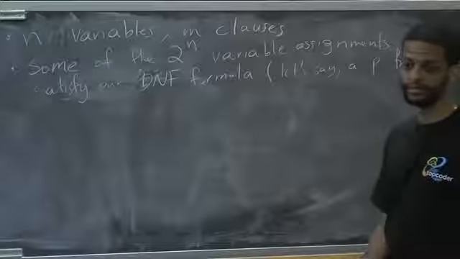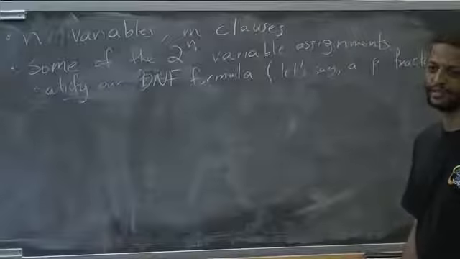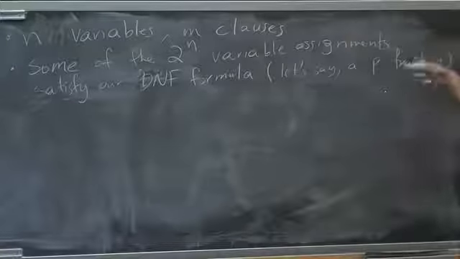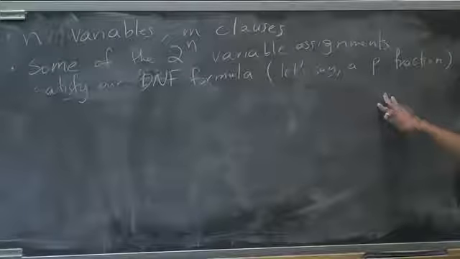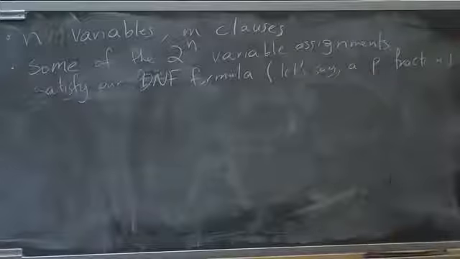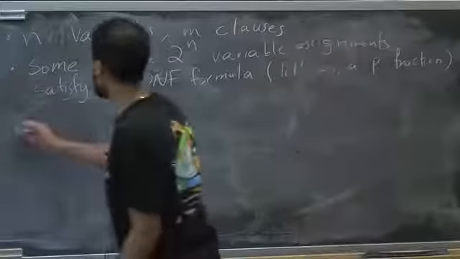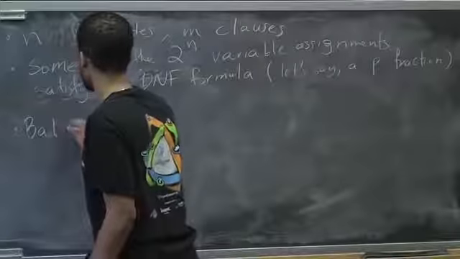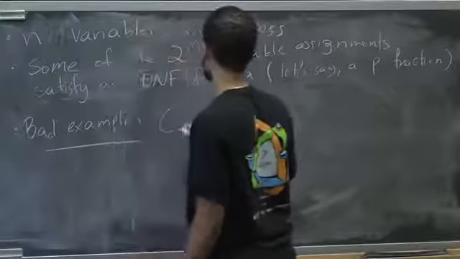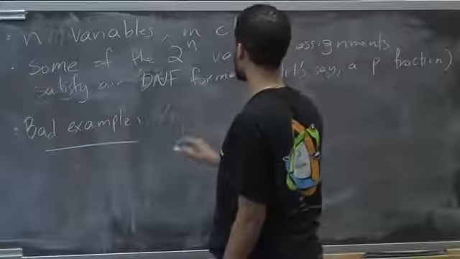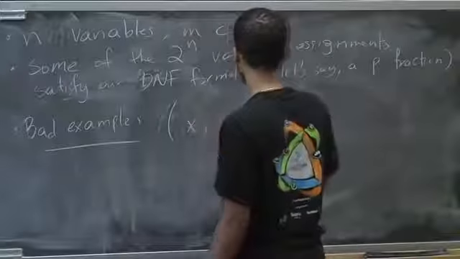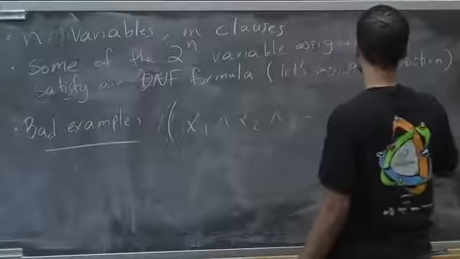There's only one assignment that works. Yeah, you have to do 2 to the n tests. If p is very small, in fact, if p is 1 over 2 to the n, so there's only one assignment, you're not going to see a satisfying assignment unless you sample exponentially many assignments, right? So a bad example for this is, what if your DNF formula is just x1 and x2 and dot dot dot and xn.